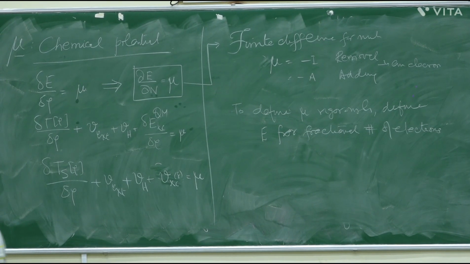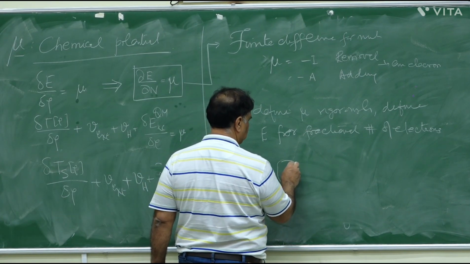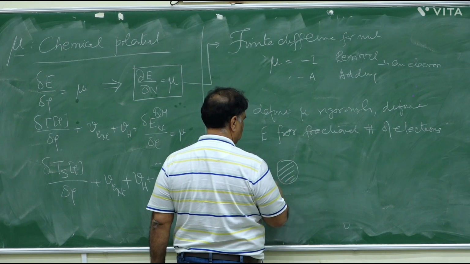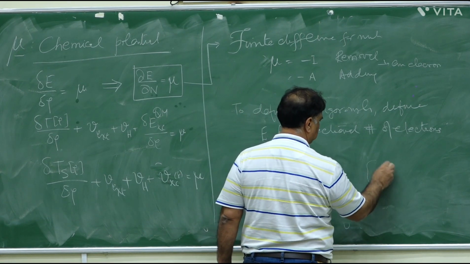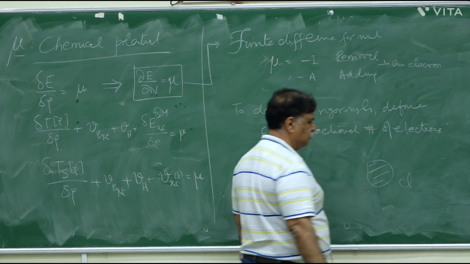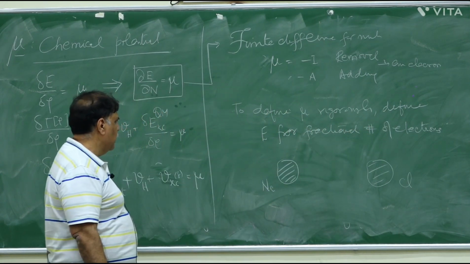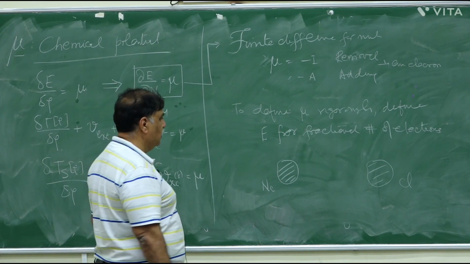And why do I want to do that? This is a very simple thing. Suppose I take a sodium atom and a chlorine atom, and I define some mu, which I'm calling chemical potential.